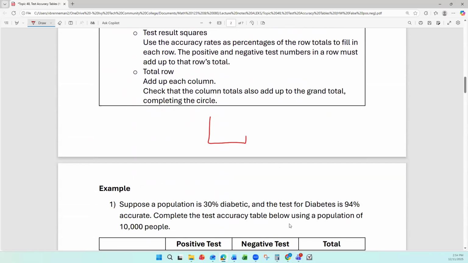So you're going to work your way. Basically, you're going to have these 9 places you're going to fill in. You're going to start here, and then you're going to go usually to here. And then from there, you can get the rest of that column, and you can get the first row.